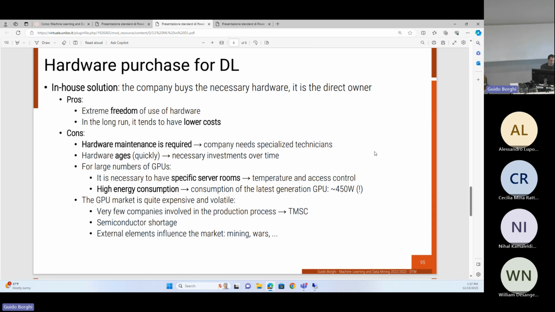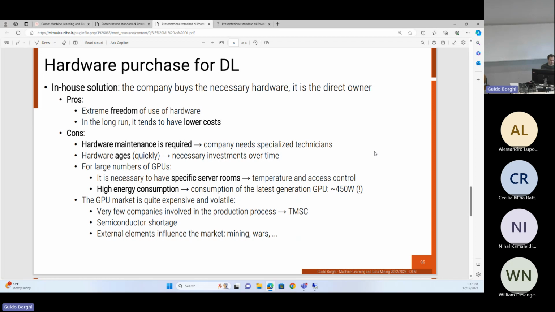For pros, we have an extreme freedom of use of the hardware, and also in the long run, it tends to have lower costs since we buy the GPUs once and then we can use our GPUs with complete freedom. About the cons, we have to remember that hardware maintenance is required, so we need specialized technicians in order to maintain the hardware, the servers in which there are the GPUs.